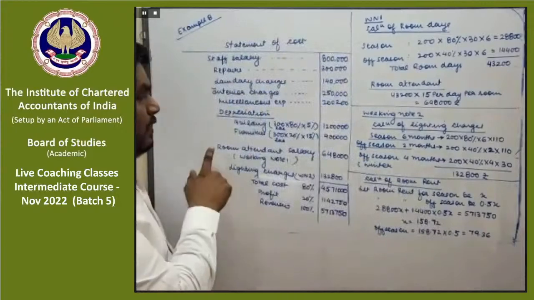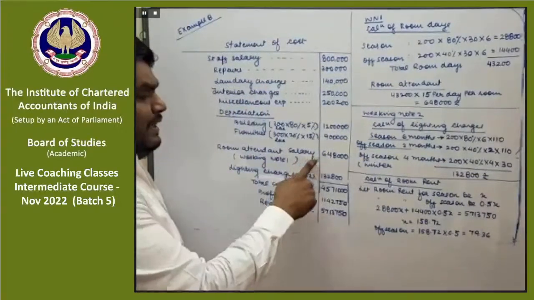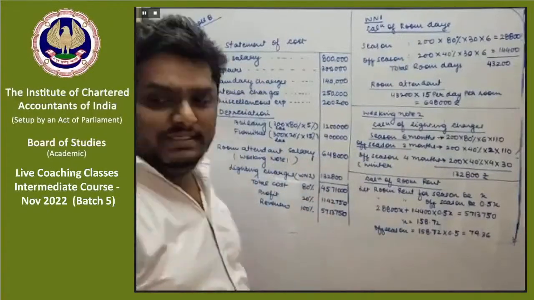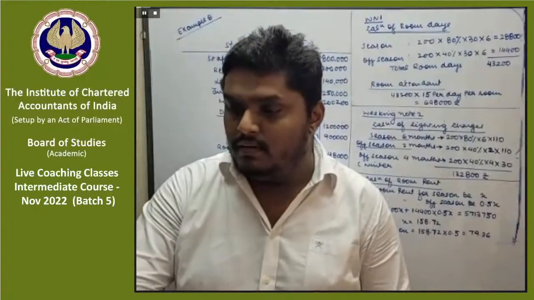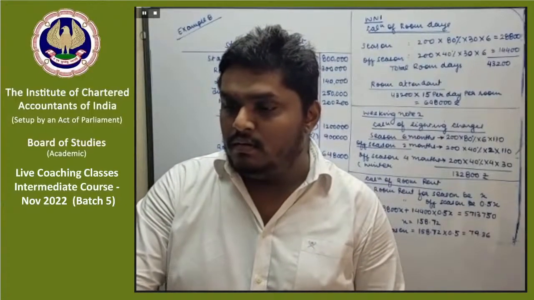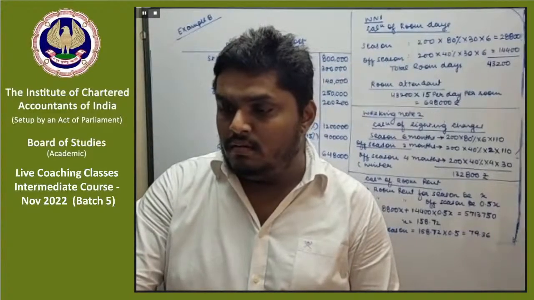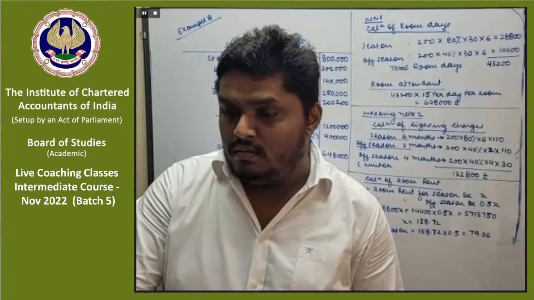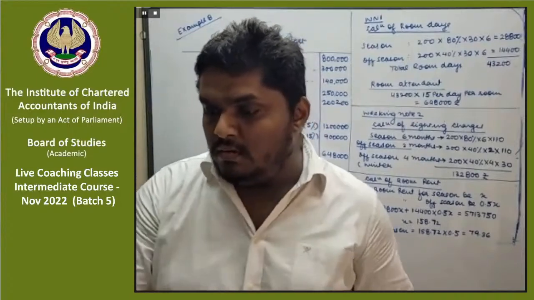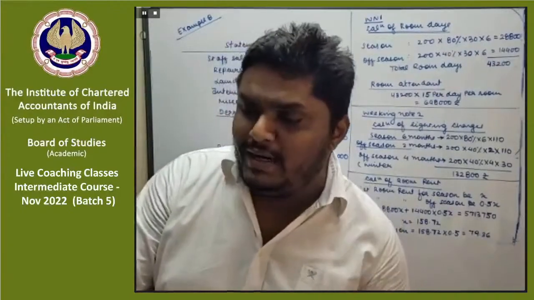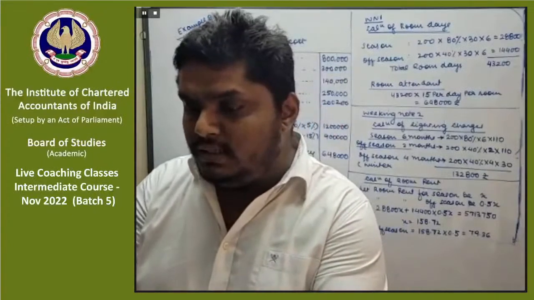It is added in the cost sheet, that is the room attendant salary and the lighting charges. How come you are getting 44,71,000?